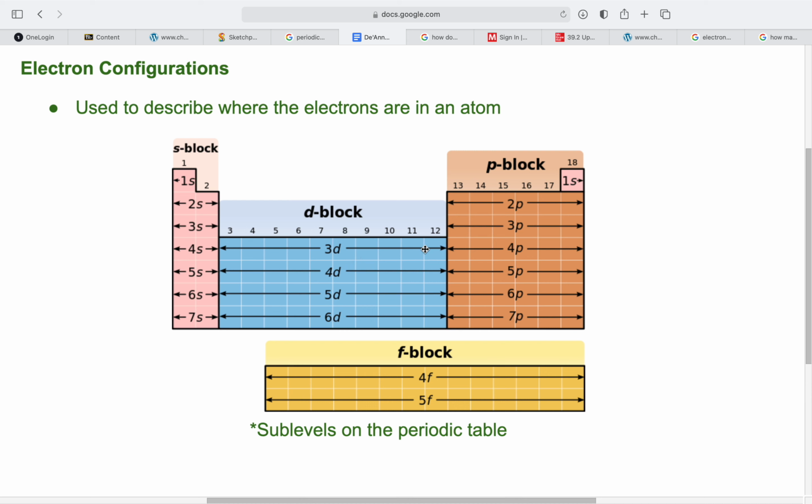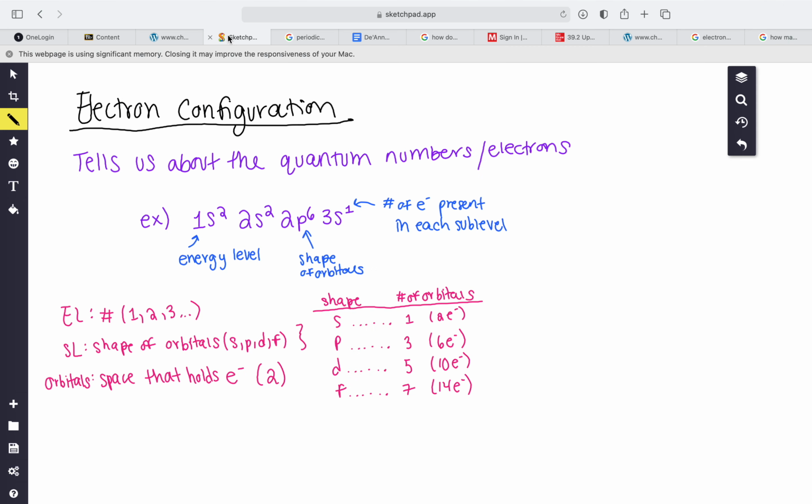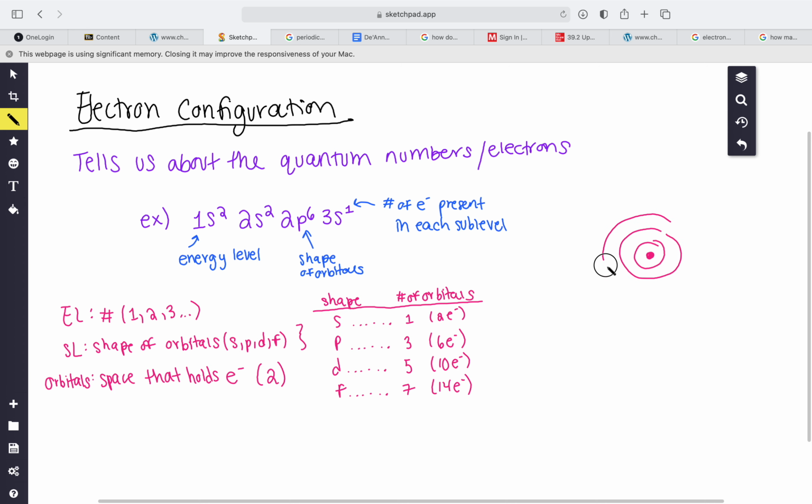So then we do 3d, and then we do 4p, and we only have 1, 2, 3, 4, 5 electrons present in that one. So I'm going to show you really quickly why we go back to 3d. All right, so here's your good old Bohr's model. We'll go up to 4.